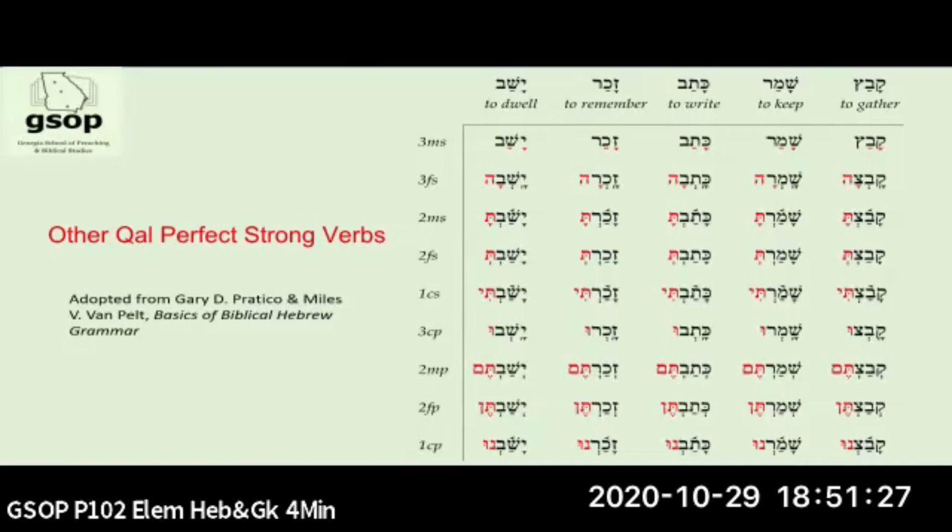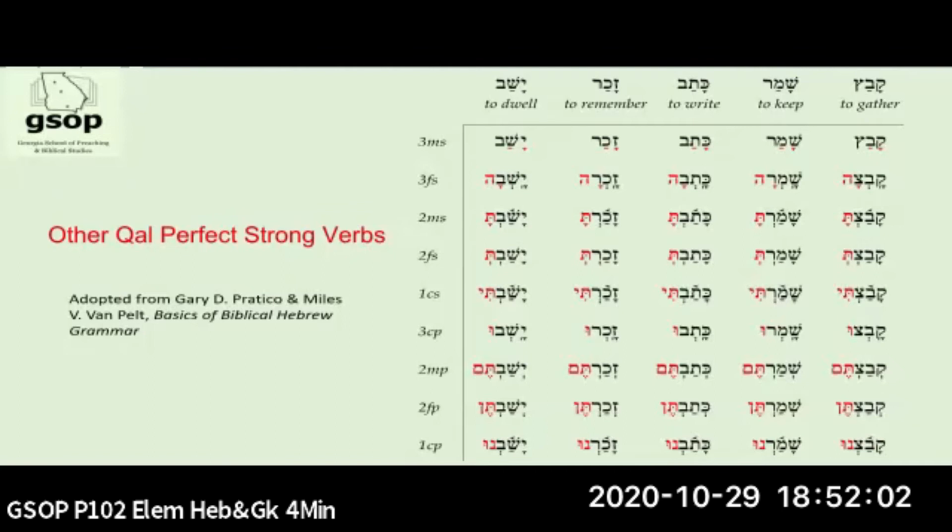Kavatz, to gather. And you see the third masculine singular is the same vowel pattern, right? Qamets under the first position, patach under the second position. And it's all third masculine singular, so all these words, to dwell, to remember, to write, to keep, to gather, would be called perfect third masculine singulars, and then the lexical form for yashav, zakar, katav, shamar, and kavatz.